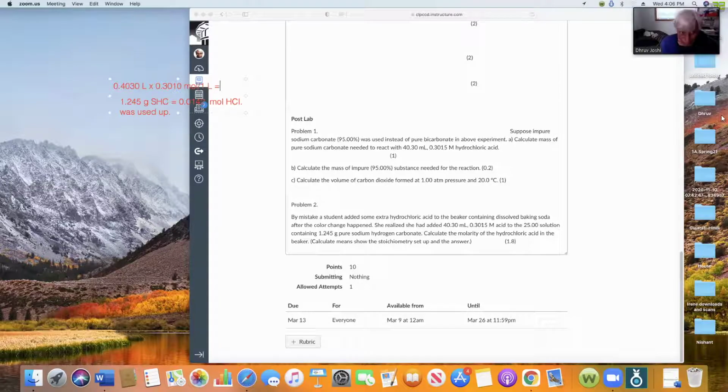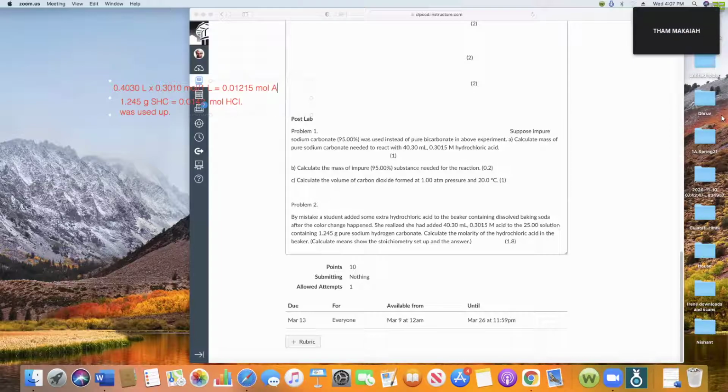So that gives us the moles of acid that was actually put in there. It's 0.01215. There's a 0 in front of the 1. So it is less.